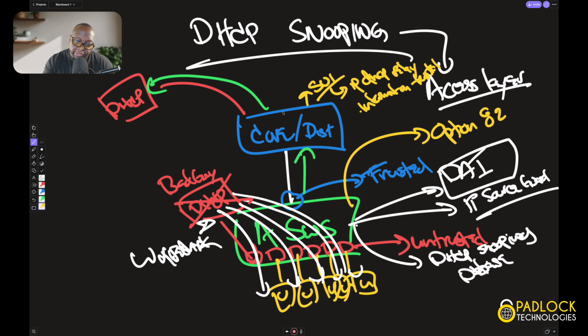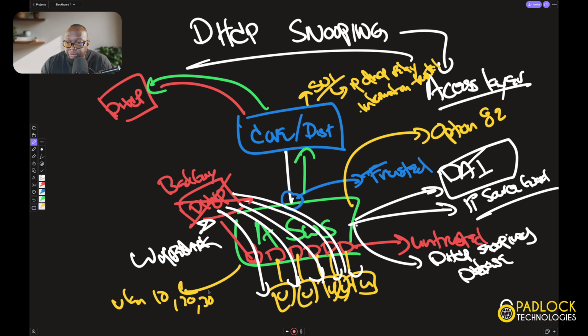The other thing about DHCP snooping is that it is configured per VLAN. Usually people just do all the VLANs that they have configured, but you could technically say, I only want to do DHCP snooping on my VLAN 10, 20, 30, etc. But most people just put it on all the VLANs that are going to have DHCP enabled.